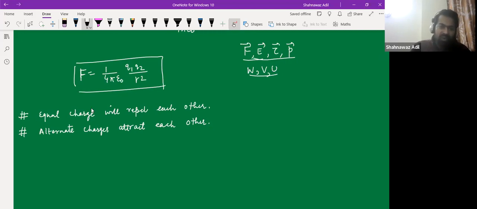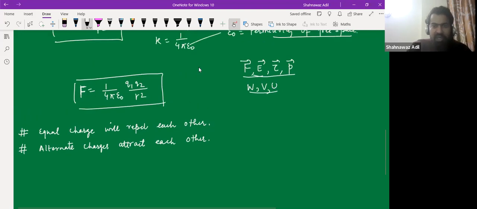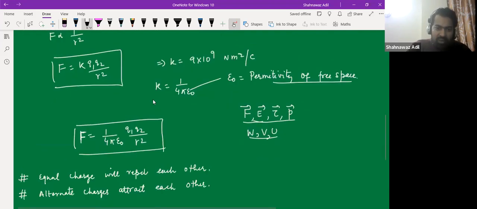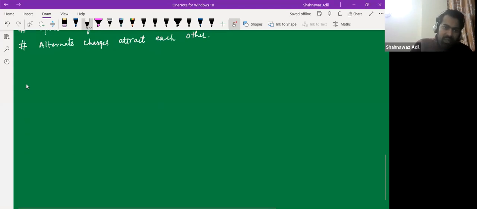Before we understand the direction of force, let us also understand the influence or effect of the medium in Coulomb force.